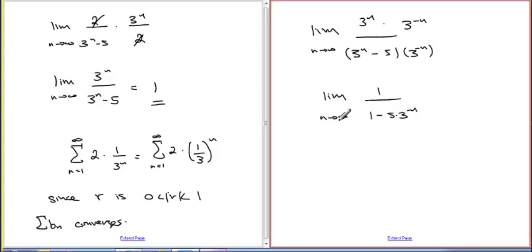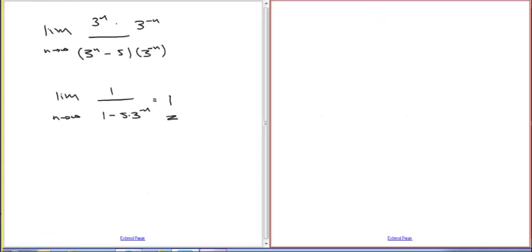So in this case, when n goes to infinity, this goes to 0. 3 to the negative infinity is 0, and you just end up with 1. Here I just said, well, this number becomes insignificant, and therefore we just have these two terms. But if you multiply by 3 to the minus n power, you come to the same conclusion, but it's more obvious.